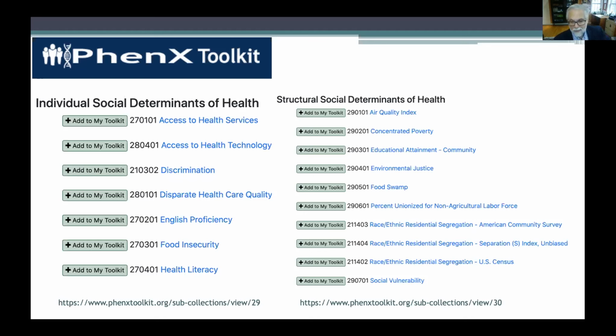The difficulty, of course, is how many of these would you be able to put into any given study? My argument is that it will depend entirely on the purpose of the study and the domain, the theme, the topic of the study. I gave you the example for asthma, where I think housing and income are important indicators. In terms of income and so on, I'll just mention briefly that different instruments do it differently.